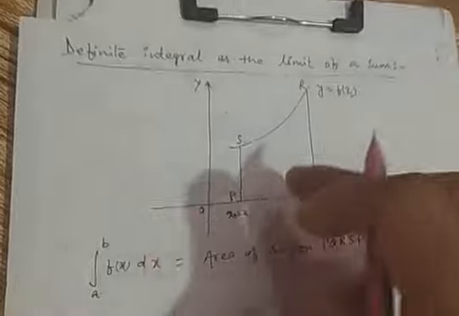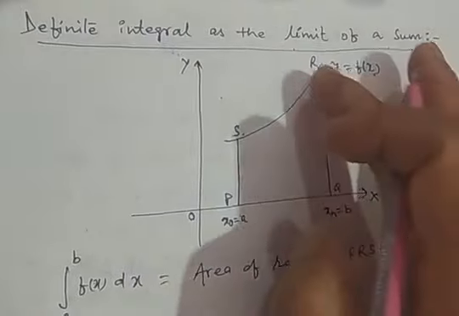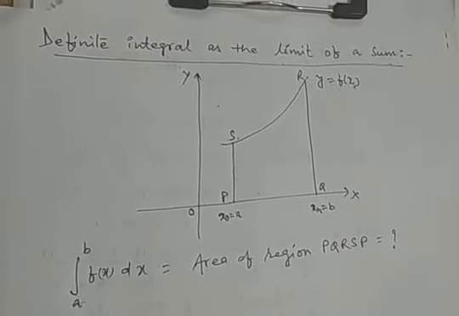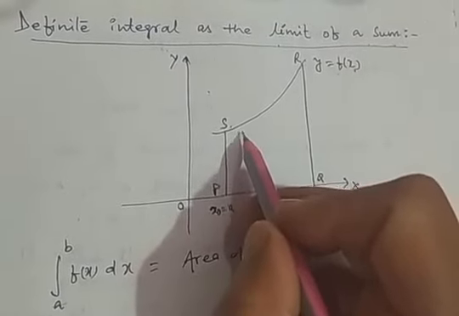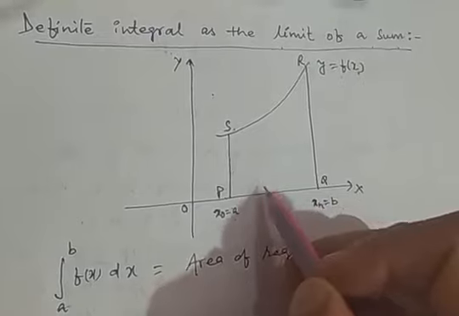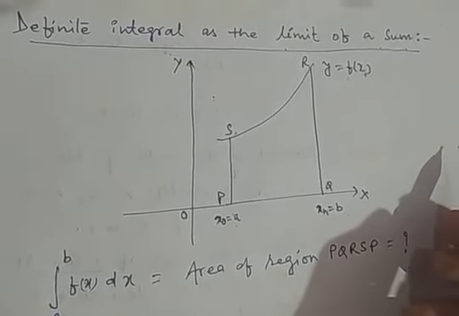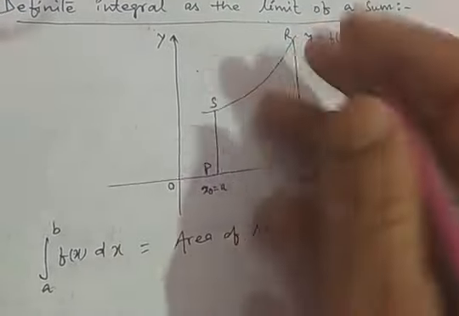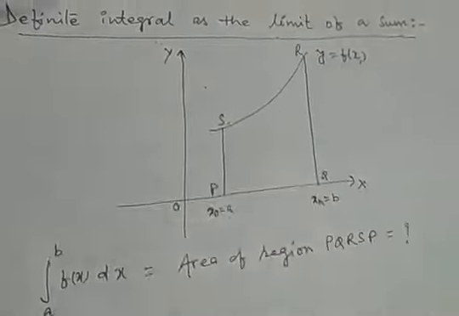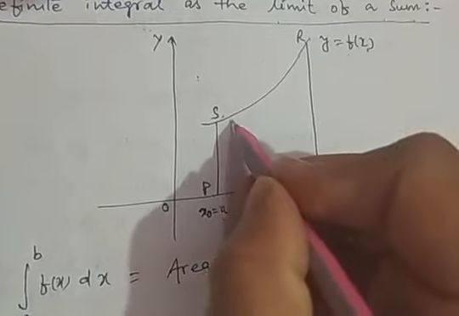So, to find the area of this bounded region, we have to break this region into n rectangle parts. So here we will break this region into n rectangle parts.